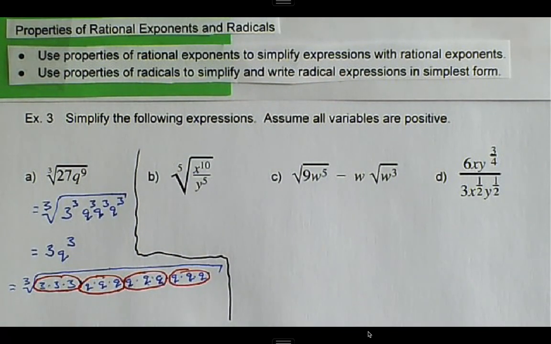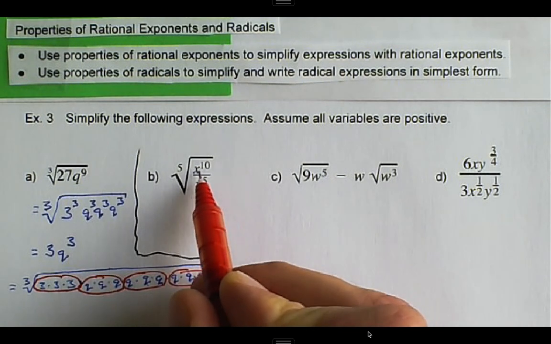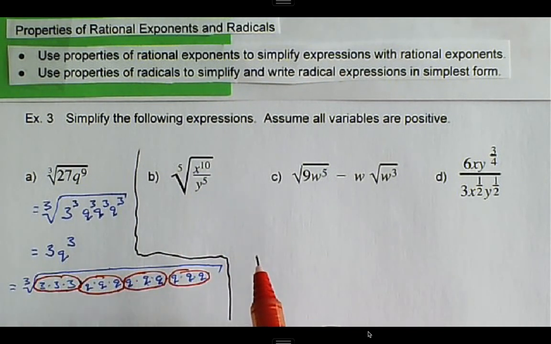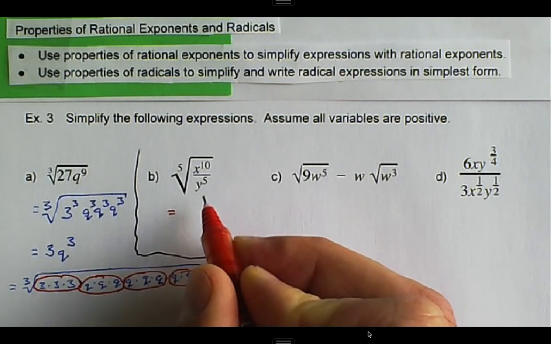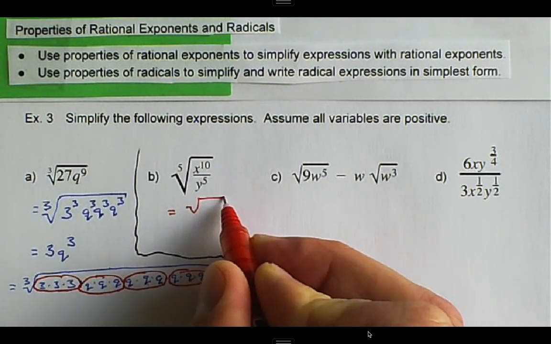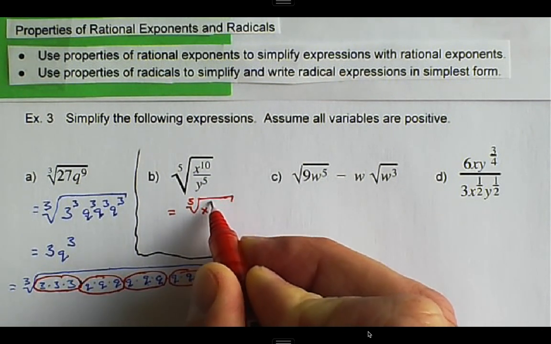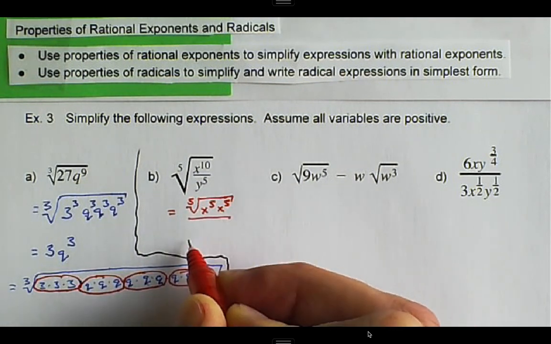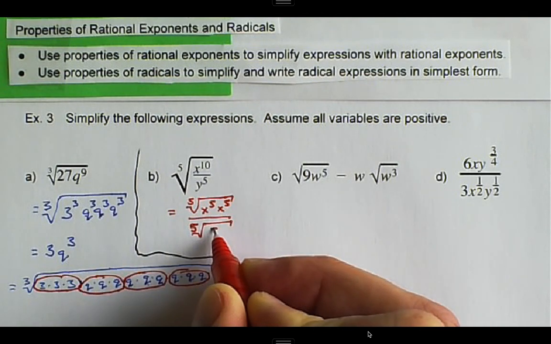All right, if we're looking at the next example here, we have the fifth root of x to the 10th divided by y to the 5th. In this case, we can rewrite the numerator as the 5th root of x to the 5th times x to the 5th. And in the denominator, we can write that as the 5th root of y to the 5th.